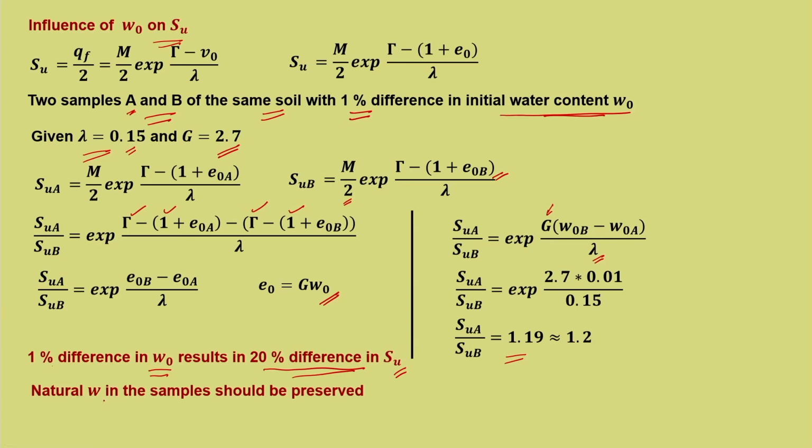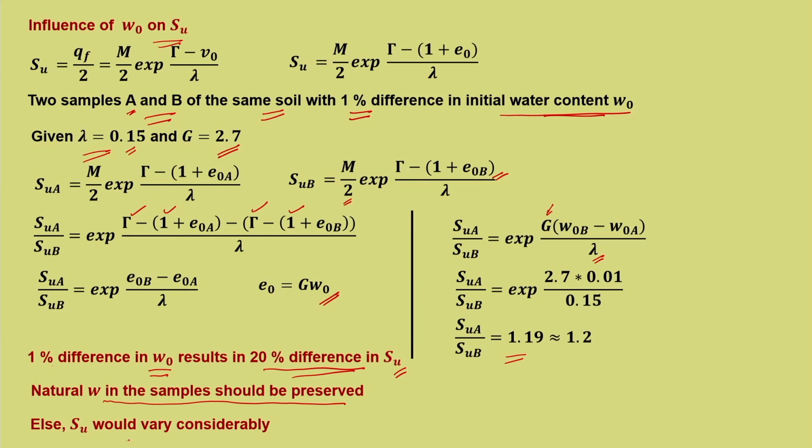So, natural water content in the samples should be preserved as far as possible. When we are doing sampling from the field, it is very important that it is packed properly, and hence we can preserve the natural moisture content or field moisture content as it is. Otherwise, it is going to influence the strength which is determined.